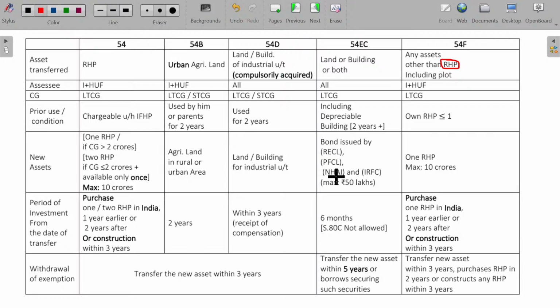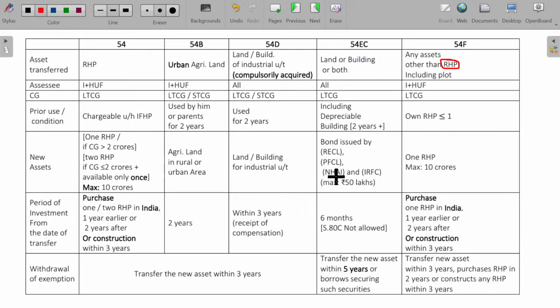Then how do most investors plan? They purchase small amounts of gold or some shares now and then. For every occasion, they will purchase this as a gift and accumulate. The moment they plan to purchase the house property, they sell all these assets, gold, shares and all. Why? They want to purchase the residential house property. We don't have the residential house property.